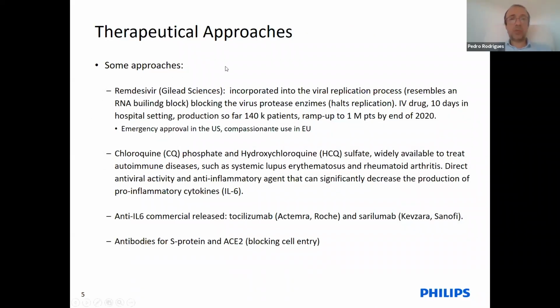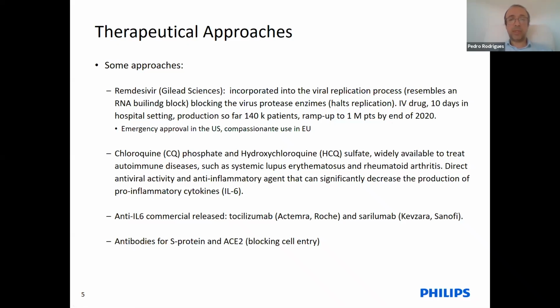So the therapeutic approaches are on different axes. The most successful so far, which recently got emergency approval in the US and also generalized use in the European Union, is remdesivir. It's basically an IV drug and limited to patients who are hospitalized because of the way it is delivered. Chloroquine has received significant interest.